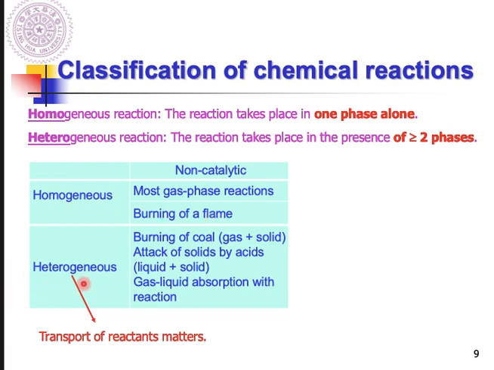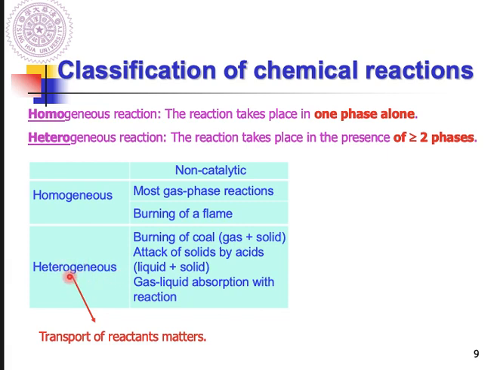And regarding heterogeneous reactions, for example, the burning of coal involves the gas oxygen reacting with solid coal, or attack of solid by acid that involves the liquid acid and the solid. And also some gas liquid adsorption reactions, it belongs to heterogeneous chemical reactions.